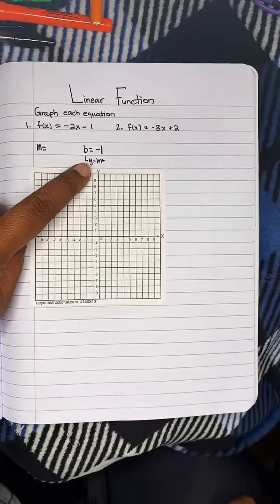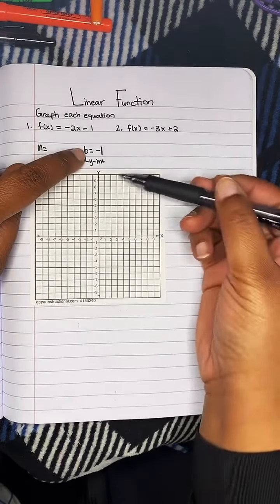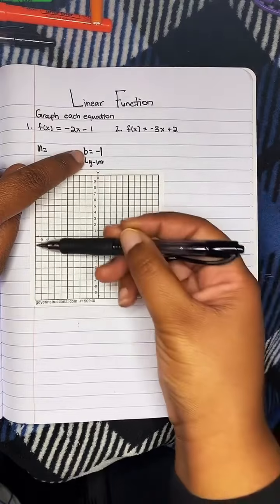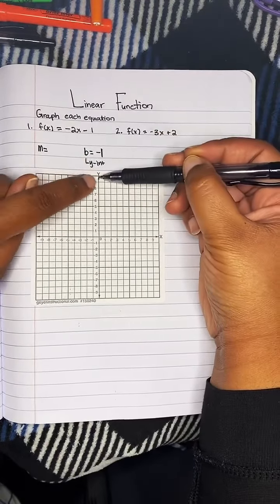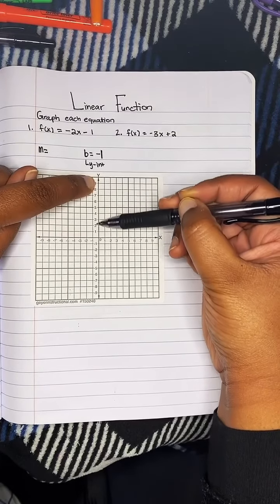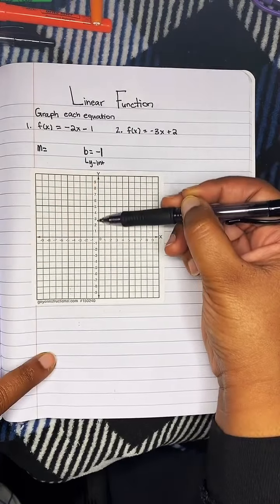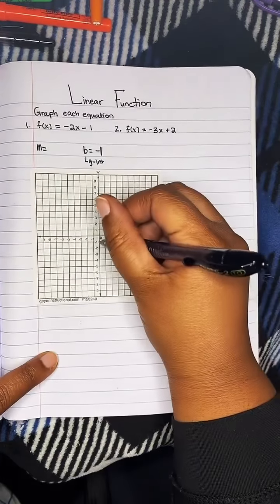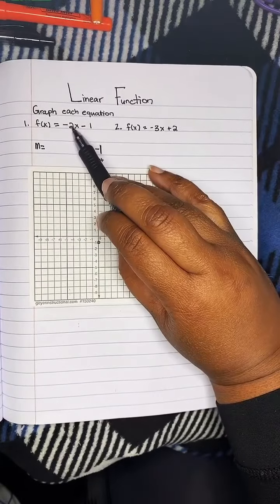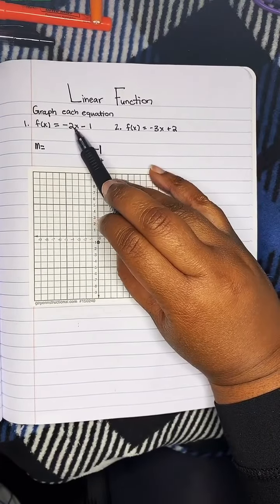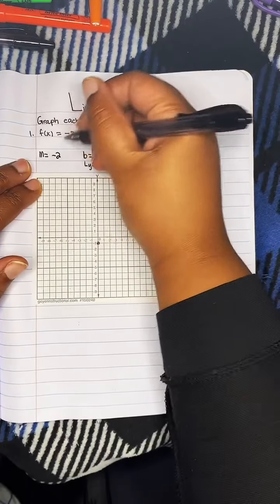The y-intercept has to go on the y-axis, so I'm looking for -1 on the y-axis, which is right here. Now, my M is always attached to the X, so this -2 is my M.